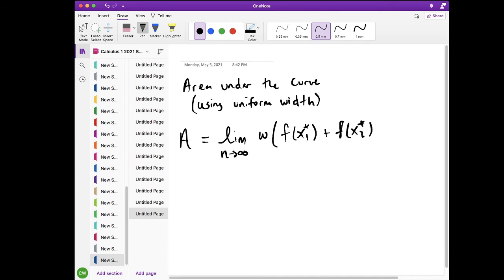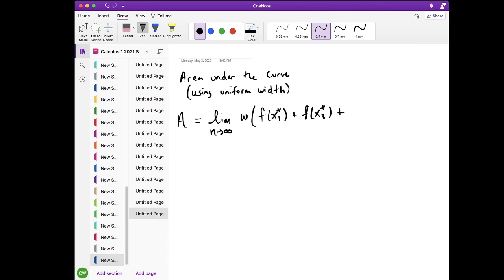This we just showed before, that if you take all of these rectangles, no matter where you draw your lengths, it's going to be the actual area. So remember this, and then w was, I'm just going to give it a symbol, because we're going to use a symbol later, but we're going to call it delta x.